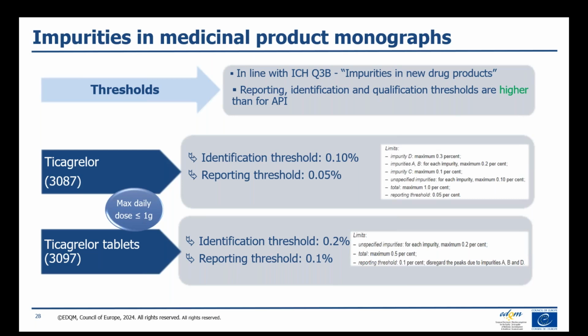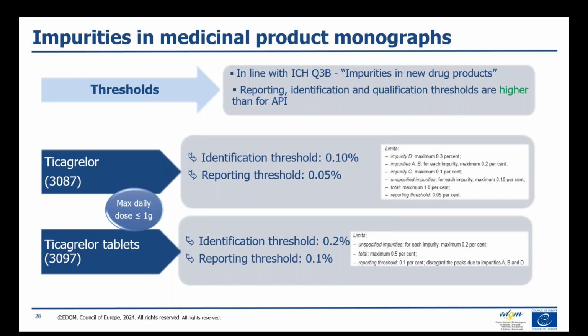Here in this monograph, for the total, the limit is set at 1%. In addition to this, you can see that there are 4 impurities which are listed as specified impurities with a limit from 0.3 to 0.1%.